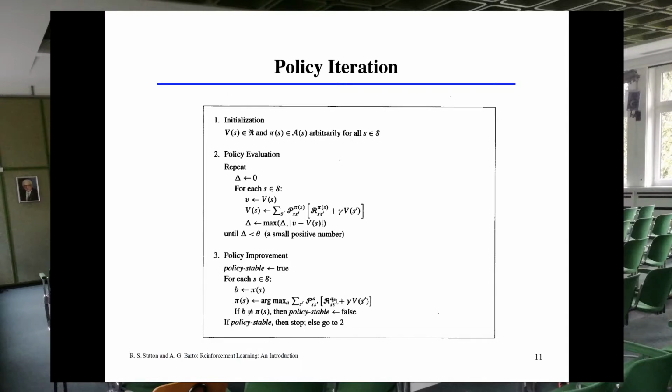And this expression here is basically the same as here. So you will compute that, and then you will update. If there is an action that has a larger value, is better than the previous one, then you will replace that. So maybe initially we said that the action for state 1 was going right.